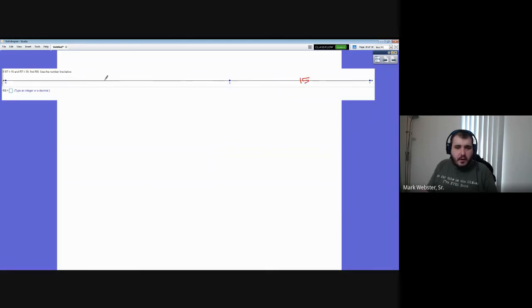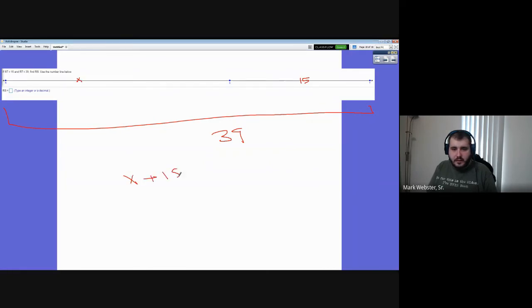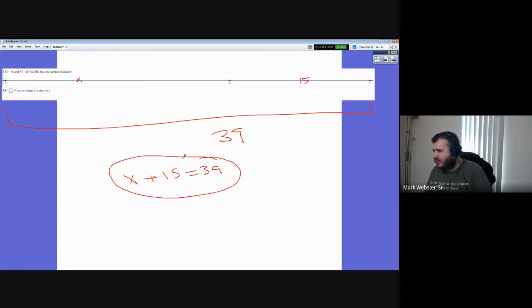It's telling us that RT, the whole thing, has a length of 39. And so they want to know what's RS. So what plus 15 is 39? That's what we need to find out, right? And that will be our answer. So what is the answer here?